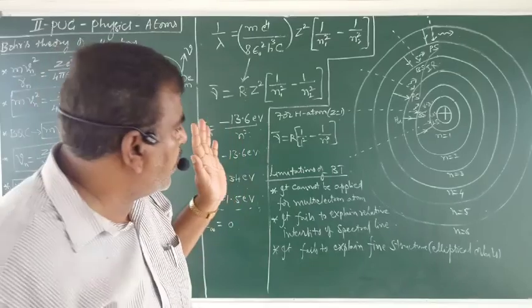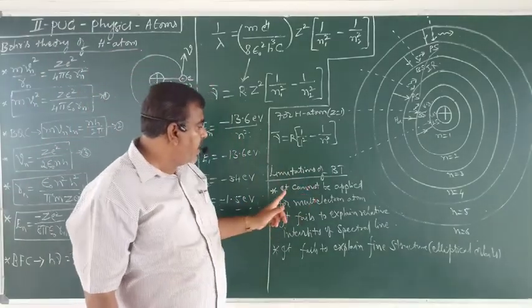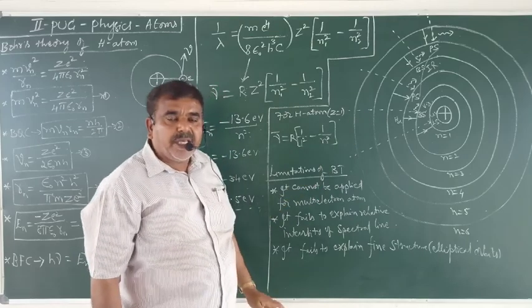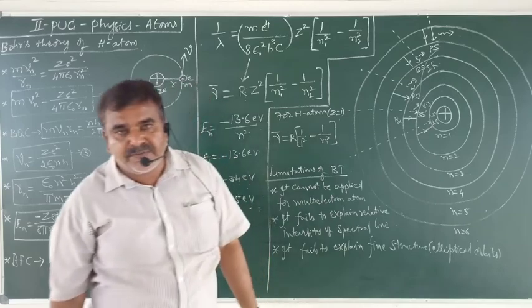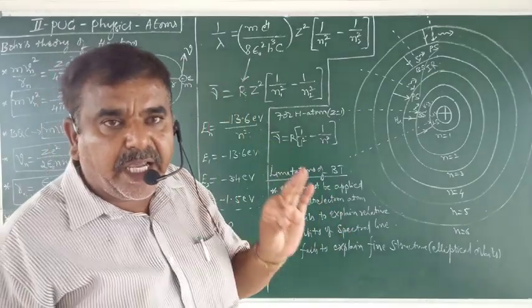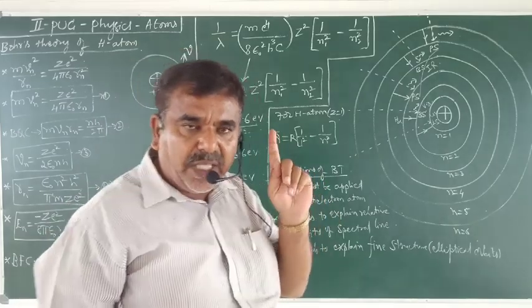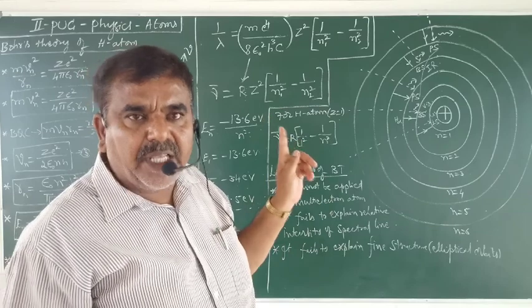Okay? In future, you should remember Bohr's theory cannot be applied to multi-electron systems. It can be applied only to hydrogen-like atoms. If there is only one electron outside the nucleus, Bohr's theory can be applied.